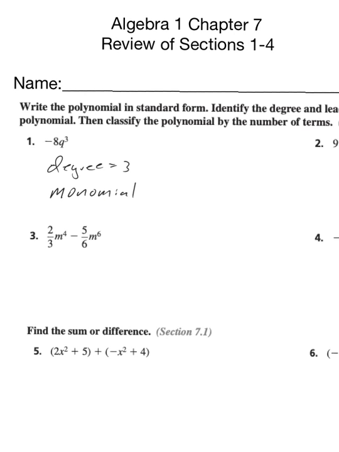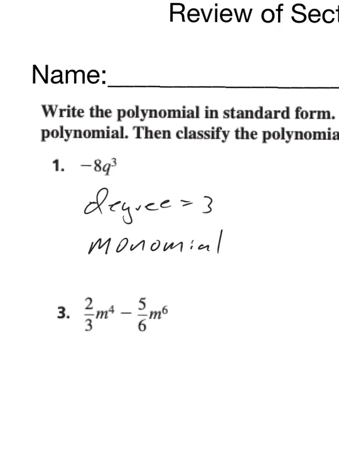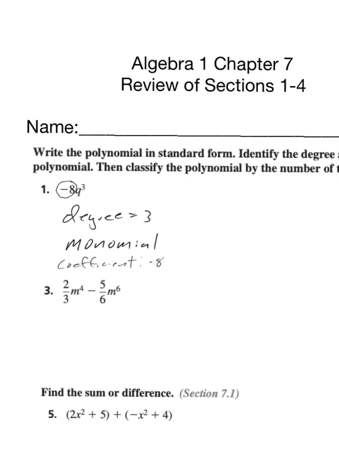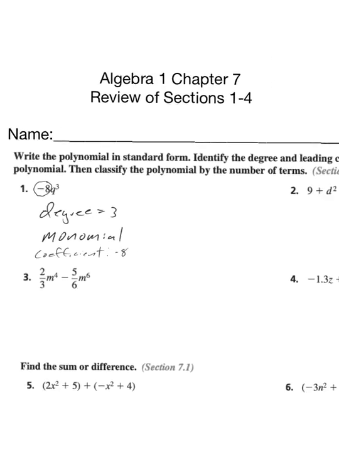Now identify the degree and the leading coefficient. Remember that the coefficient is the number that comes right before, usually, a variable. So in this case, the coefficient is -8. All right, so you got the idea? And that is also what they call the lead term. Let's go to the next one.